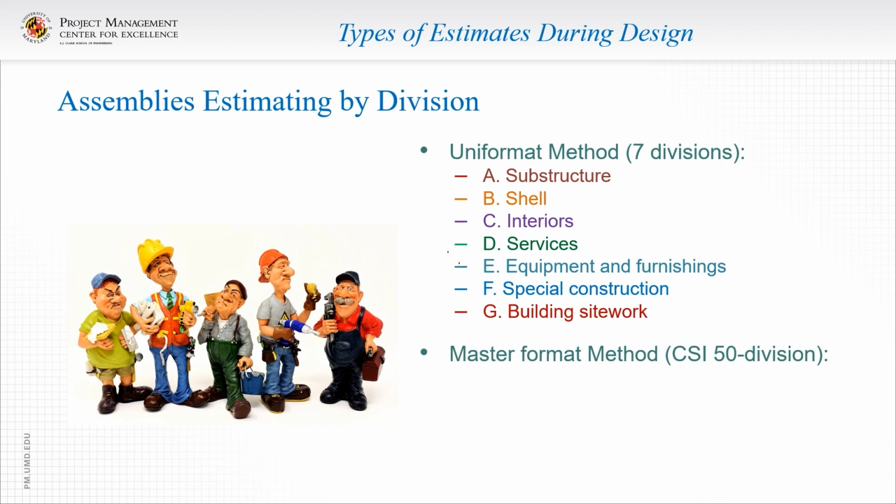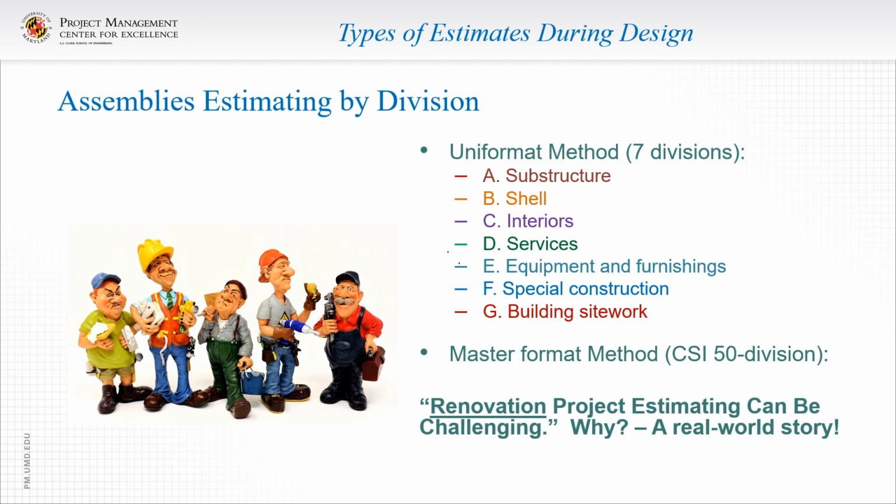The MasterFormat method of 50 divisions has many more breakdowns, but is closely aligned to the way you're eventually going to do your detailed unit price estimate, which is the ultimate goal of your estimate project.